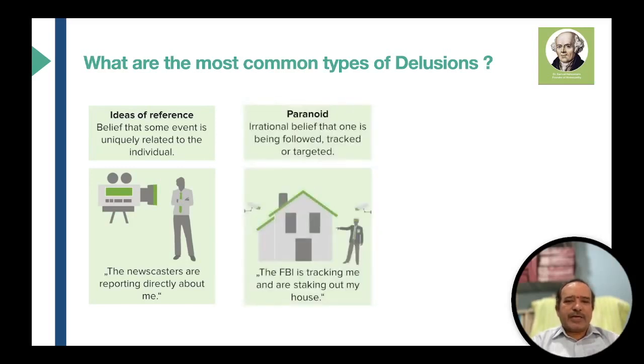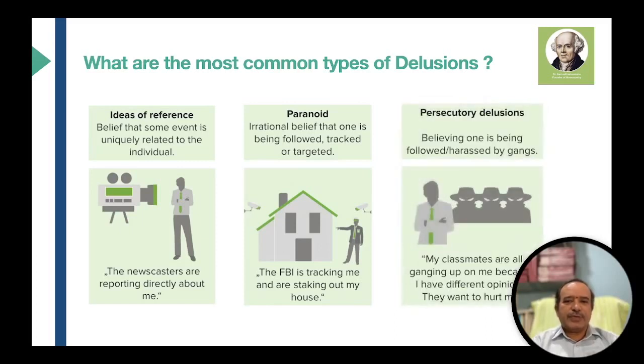Next is paranoid. Paranoid is an irrational belief that one is being followed or tracked or targeted. The FBI is tracking me and staking out my house. The people behind me, they think that someone is following me, they want to track me. This comes under paranoid delusions. It is closely related to spying.